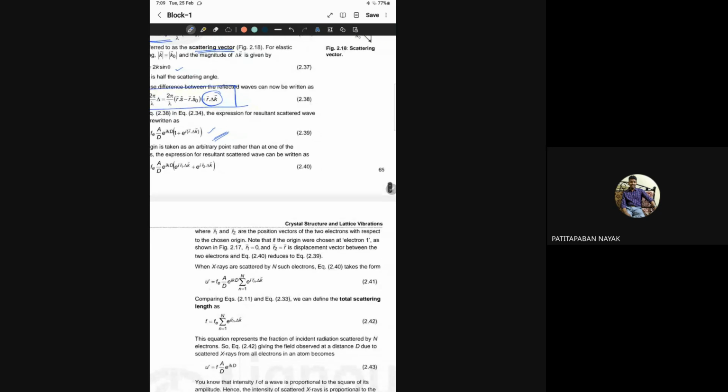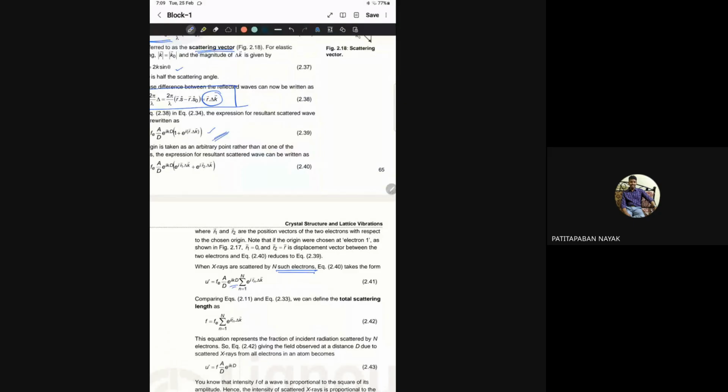So u prime will be equal to f0 A by D e to the power i k d times the summation of e to the power i rn dot delta k, where n runs from 1 to capital N, the total number of such electrons.